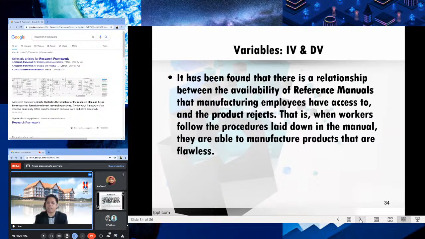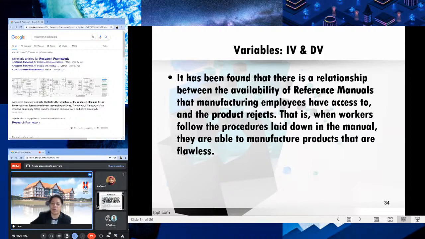This is about the relationship between availability of the reference manual and having access to the product reject.